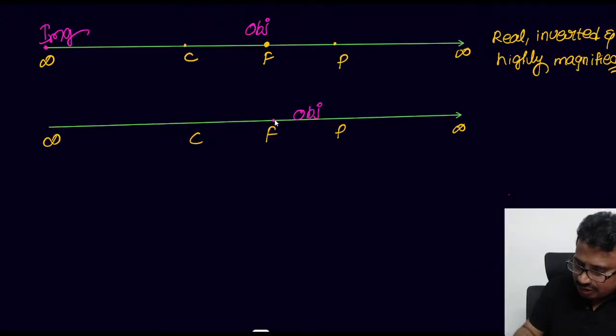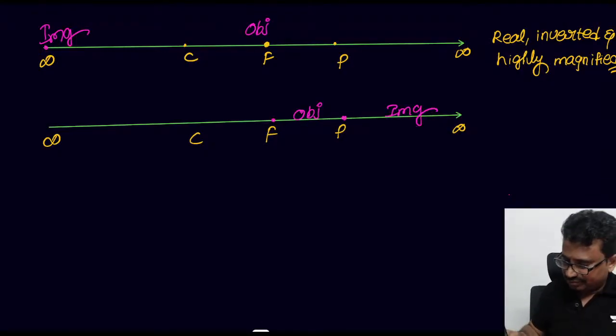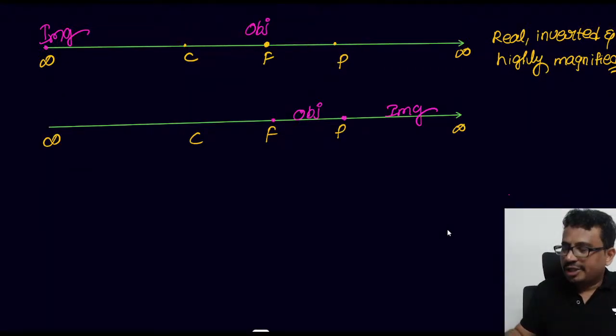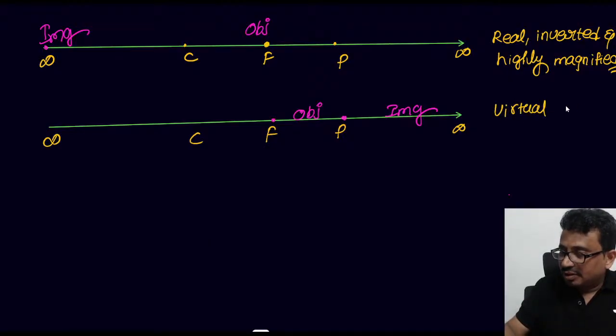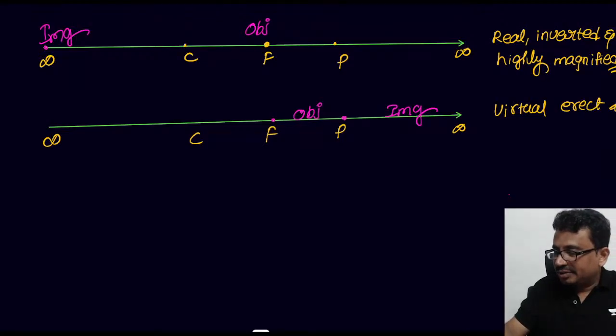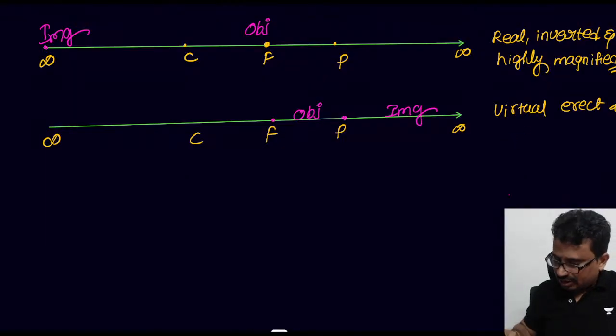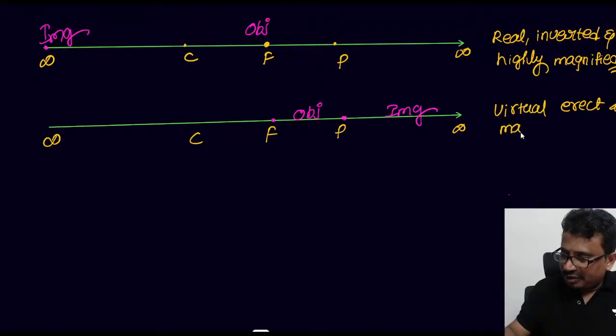The object is in between the focus and the pole, and the image will be formed behind the mirror. The image will be formed here. This is the special case. Now, what type of image is here? This is a virtual, erect, and magnified image.